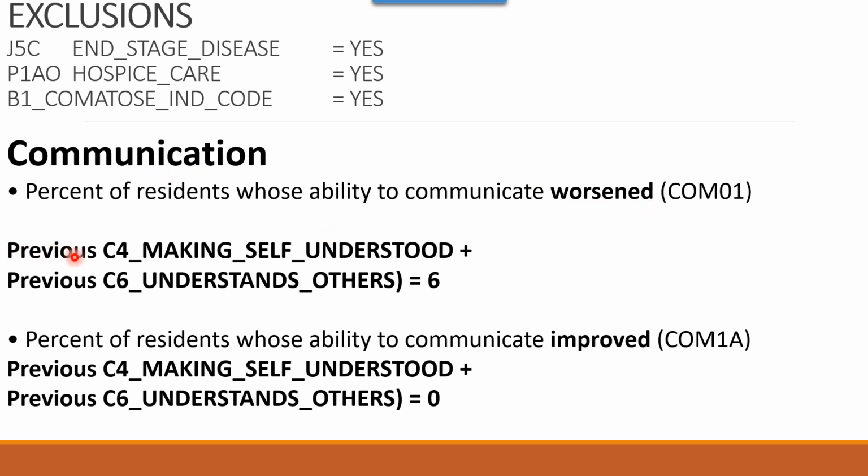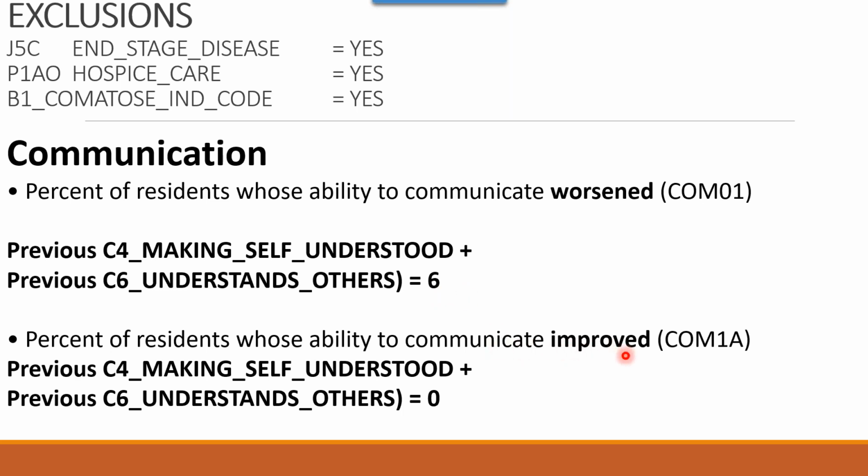And here we can also see for communication, when we're looking at the worsened communication, if on the previous assessment you added those 2 items up, making self-understood and understanding others, the total score, the maximum score, would be a 6. And here they're saying that if on the previous assessment you're already a 6, then obviously you can't get worse than a 6, so you would be excluded from the study.